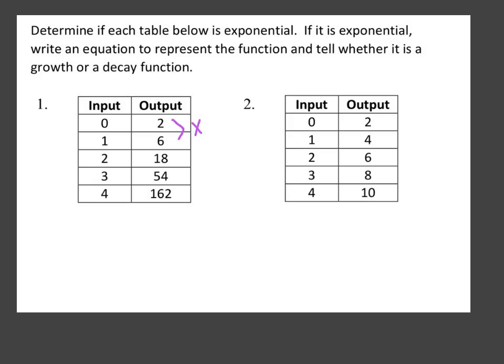Well, I know that 2 times 3 makes 6. So now I'm going to look at the next set, 6 to 18. Oh, 6 times 3 equals 18. Same thing with 18 times 3. It makes 54. And 54 times 3 makes 162. So I do have a consistent pattern of multiplying. So this is an exponential function.